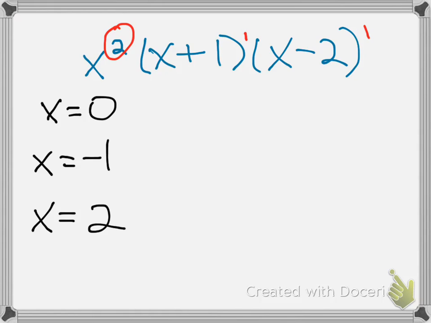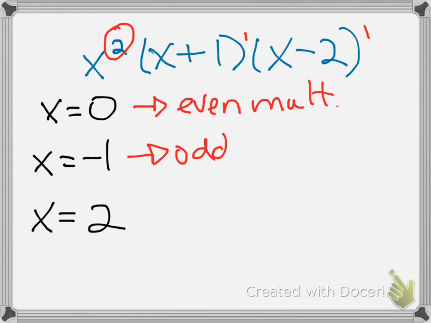Our first zero at x equals 0 has an even multiplicity. I'm just going to say even mult for short. And then our zero at negative 1 has an odd multiplicity. And our zero at positive 2 also has an odd multiplicity.